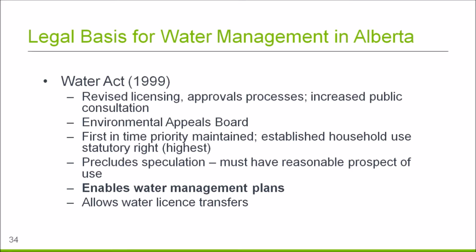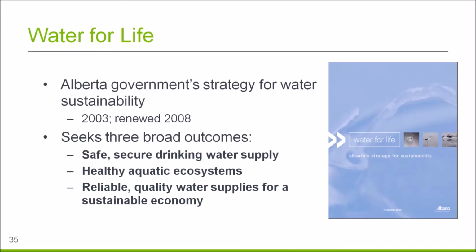It also enables water management plans, which I'm going to go into in a little more detail after this slide. It also allows license transfer. So the important information is, under the Water Act, all the water resources in Alberta are the property of the Crown. So if you want to use water, you need to apply for a license.